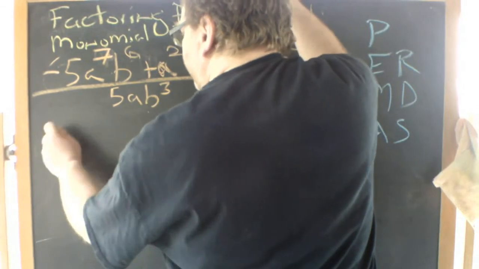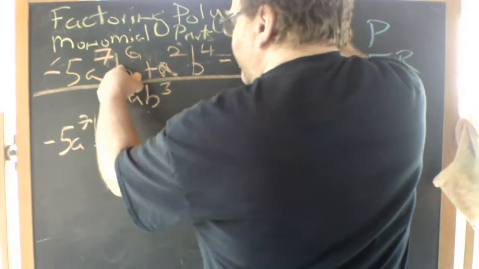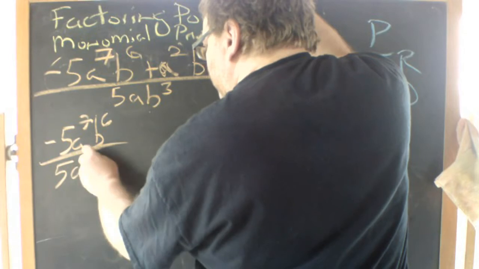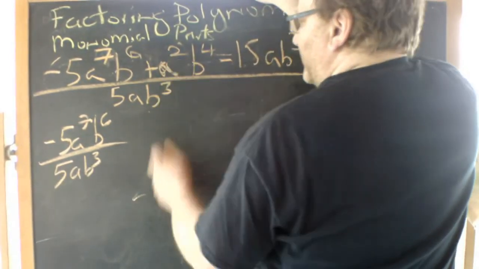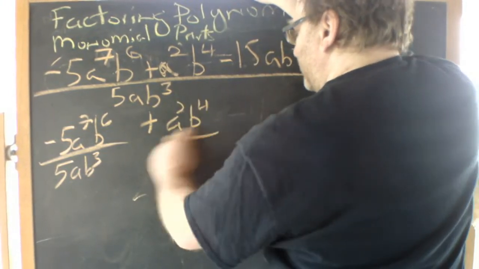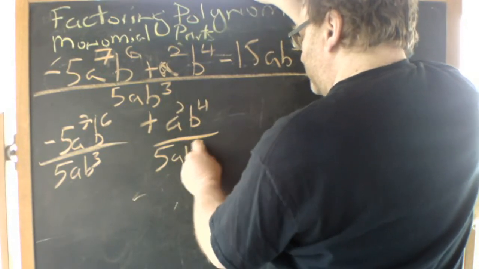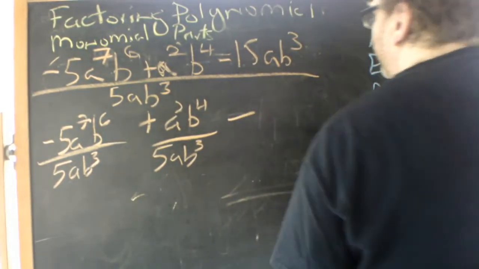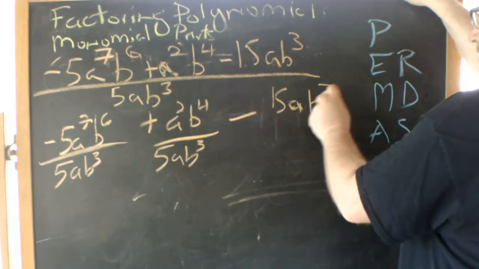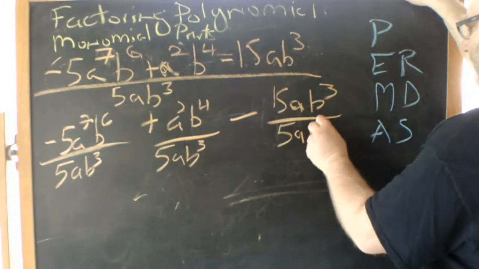So negative 5a to the 7th b to the 6th, the first term, divided by 5ab cubed, plus a squared b to the 4th, divided by 5ab cubed, minus 15ab cubed, divided by 5ab cubed.